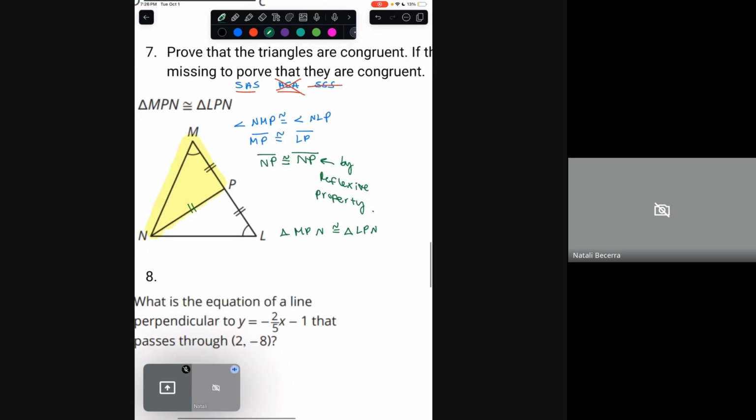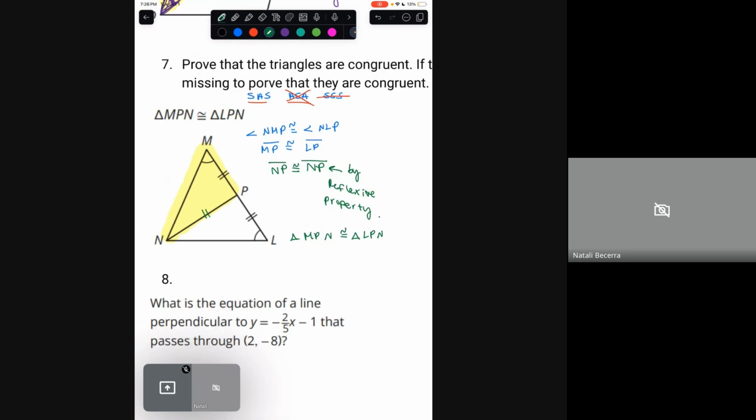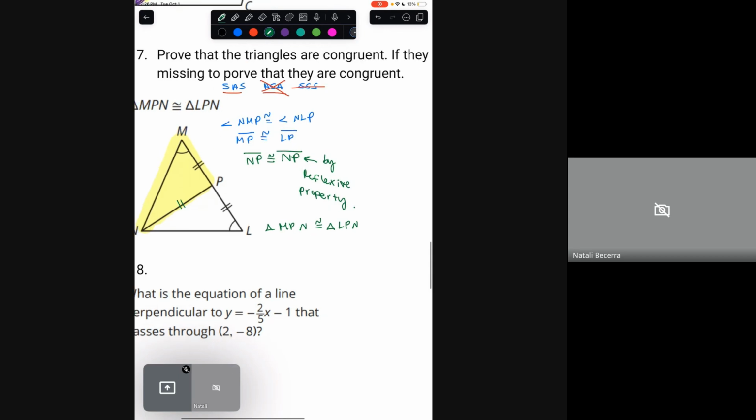Okay. So they are congruent because they share a side. They share NP. So it's, oh wait, no. Okay. So they're not congruent because remember one of the false shortcuts was SSA or ASS or angle, angle, angle, right?